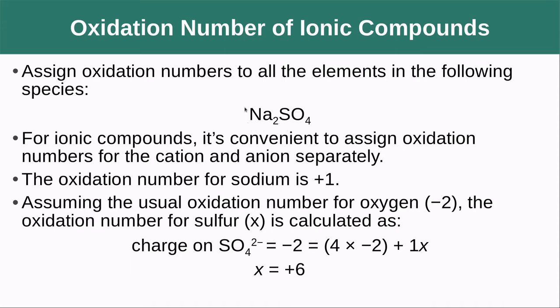So we know pretty certainly that sodium is a +1 here. Now, if this sulfate is a -2 charge, and we get 4 oxygens, and that's giving us -8, then we're going to need sulfur to be in a +6 state in order to balance out all of our charges.